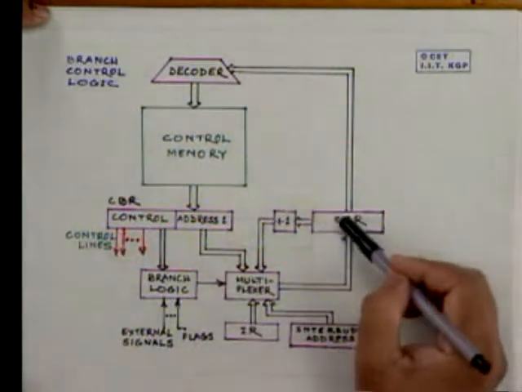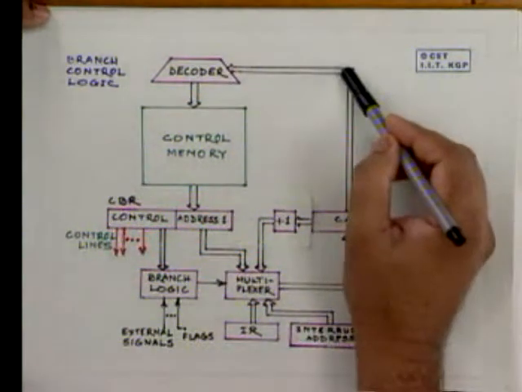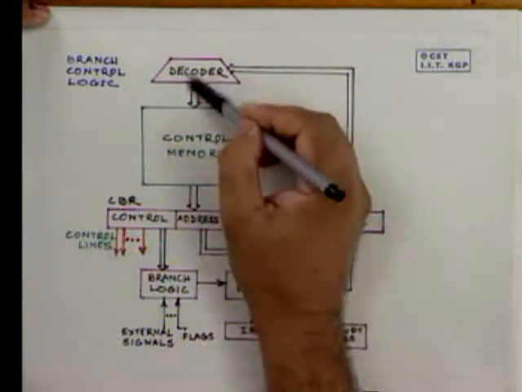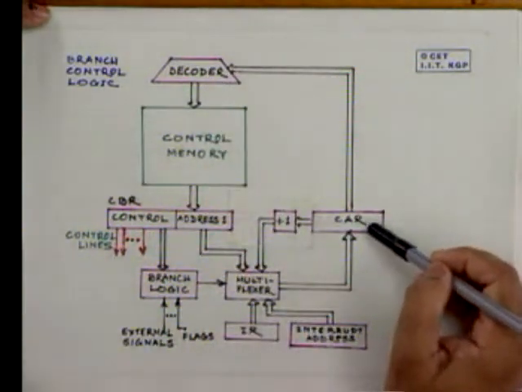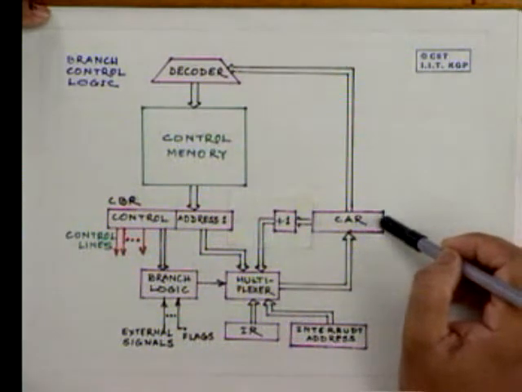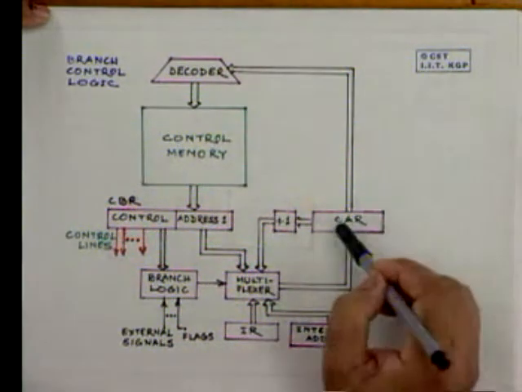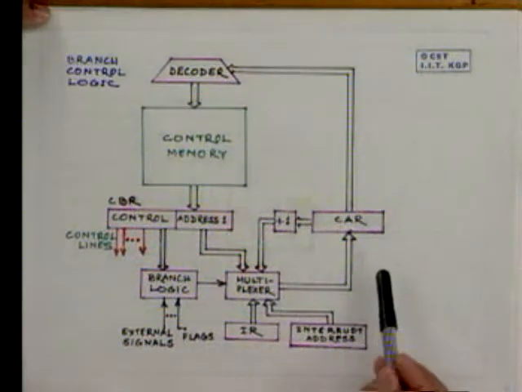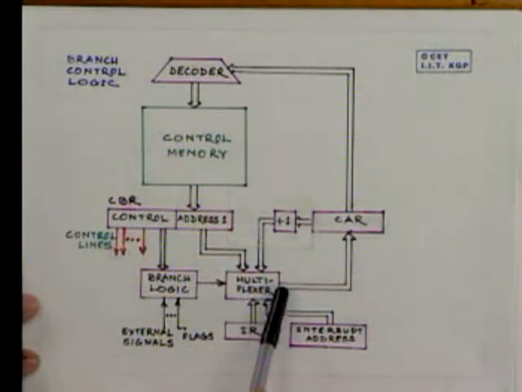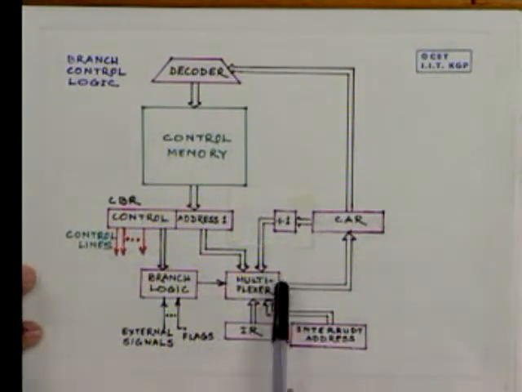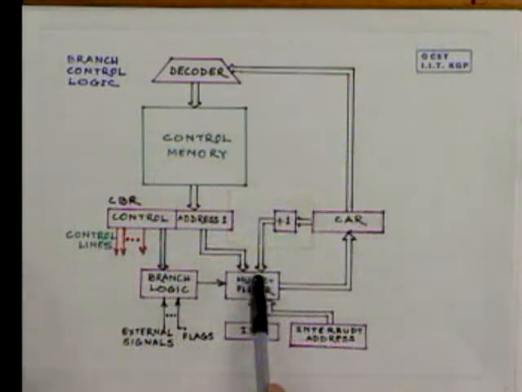In that case, that particular memory location's content will be taken, which means the control is moved to the control memory location that the control address register points to, right? Therefore, this gives a picture of the branch control logic, right?